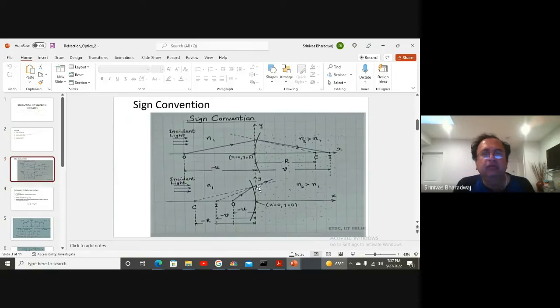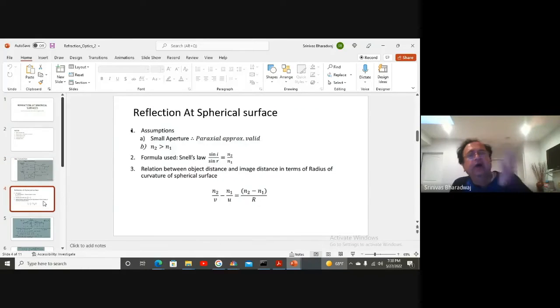But when it shows up here, you say minus u, minus v, etc. So note this convention. This is for single refraction. Remember, in a lens you have this other form, and this is the most important idea.